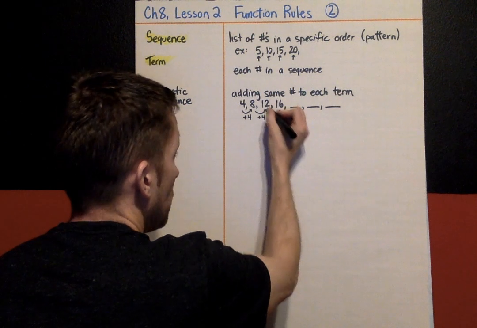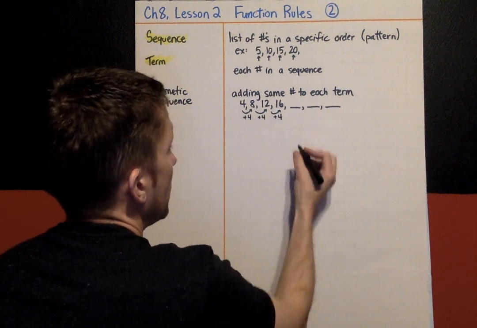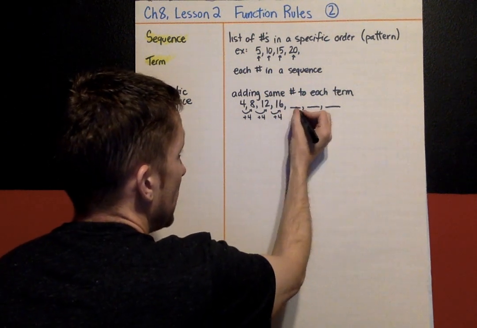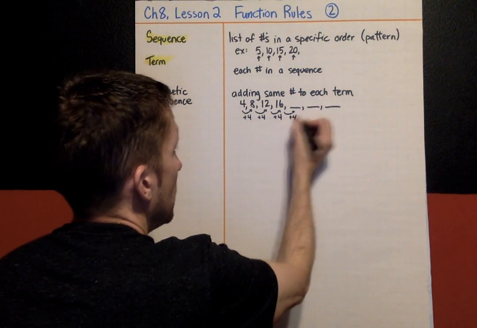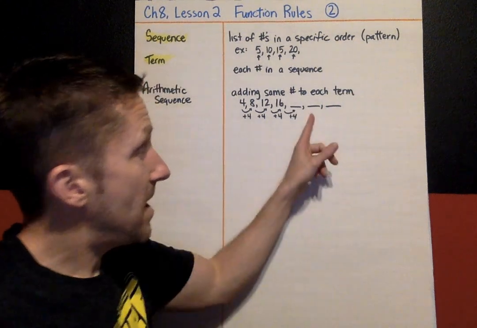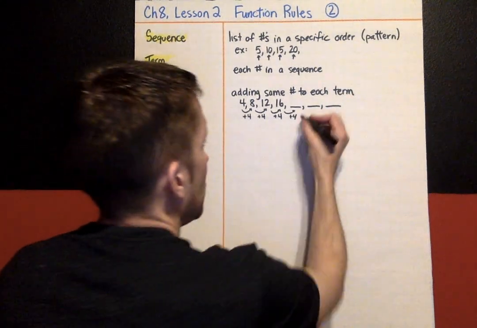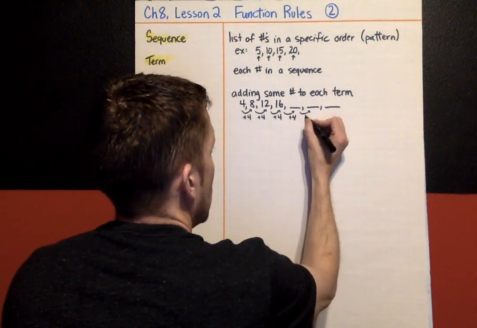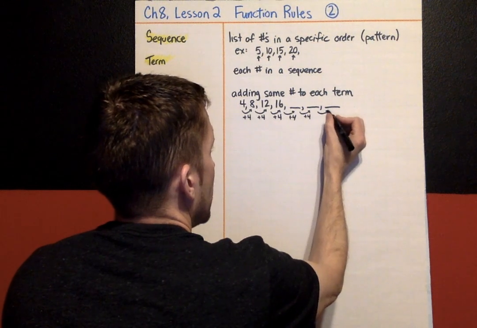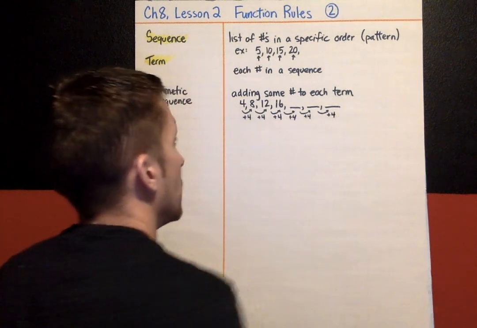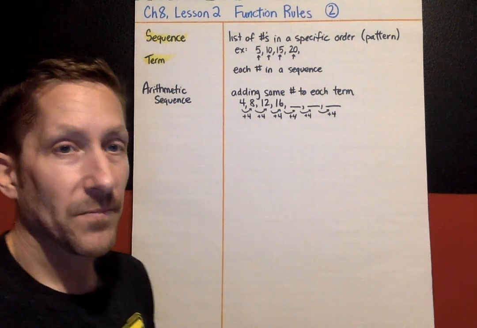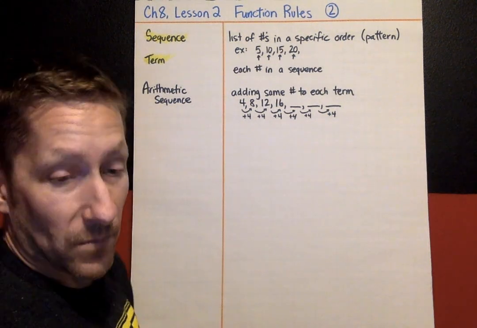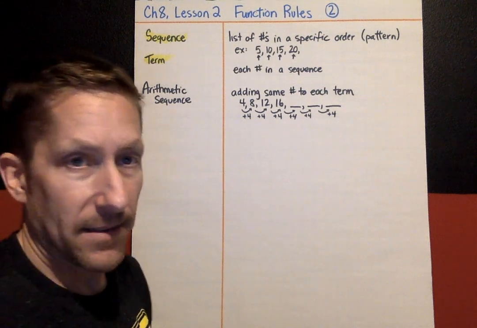And 12 plus 4 is 16. So to get the next term, we would add another 4, and add another 4, and add another 4 to get the next three terms. Or we would be skip counting by 4s. So that is part of your practice today.